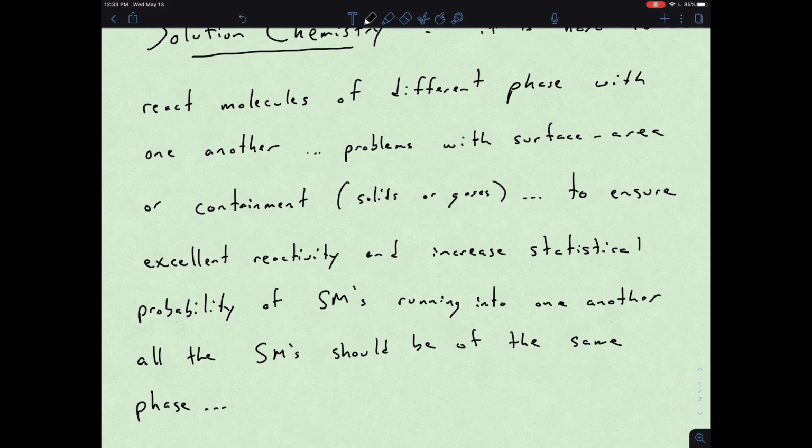Now, it's still problematic, solids and solids reacting with one another and things of that nature, but what we want is a solution phase.